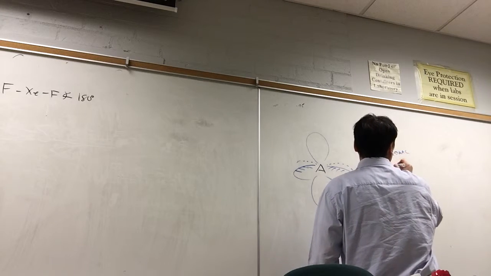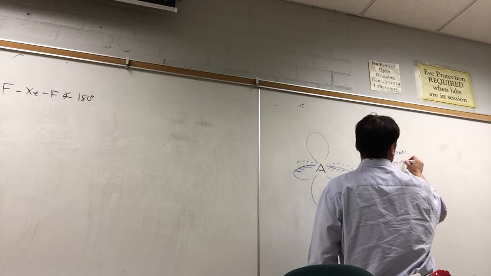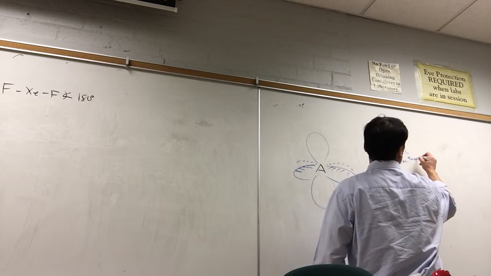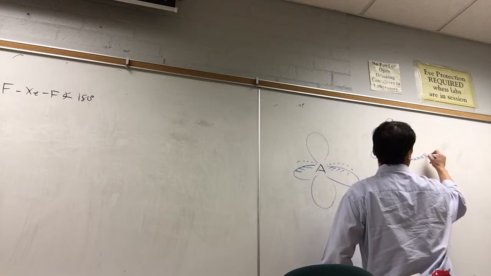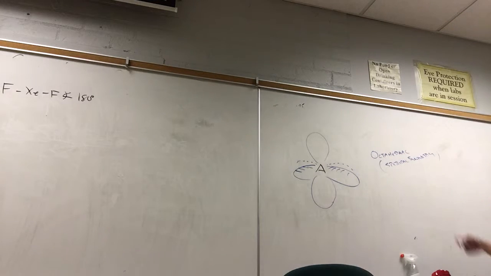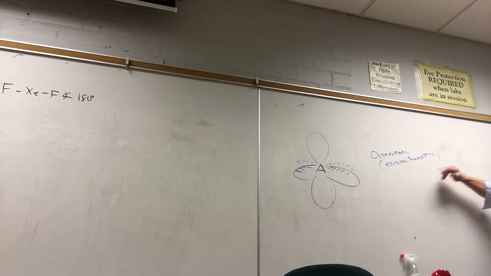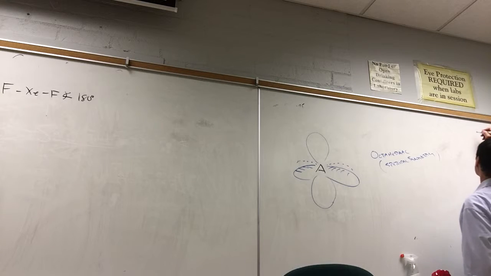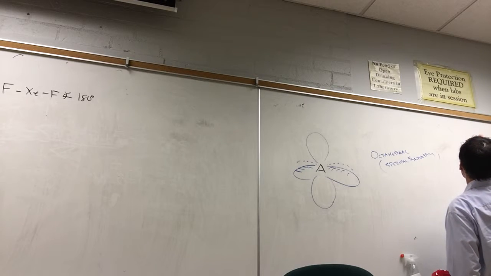Octahedral has spherical symmetry, like tetrahedral. That's the group geometry. Let's look at some molecular geometries here. The first molecular geometry we're going to look at is octahedral.